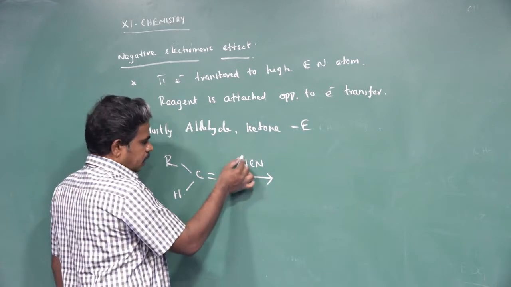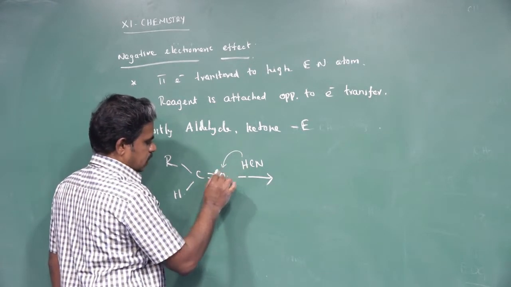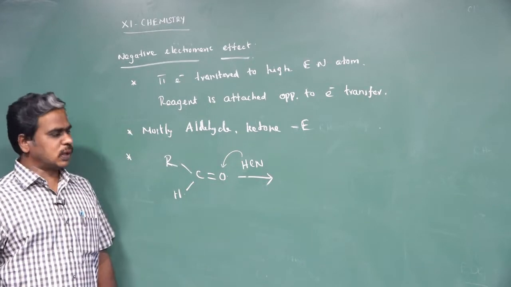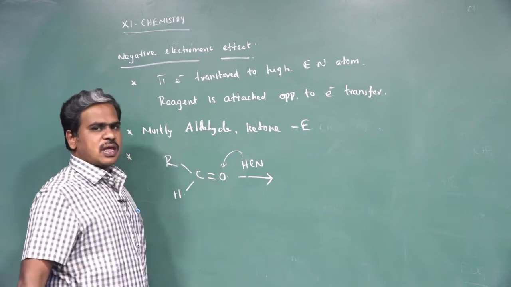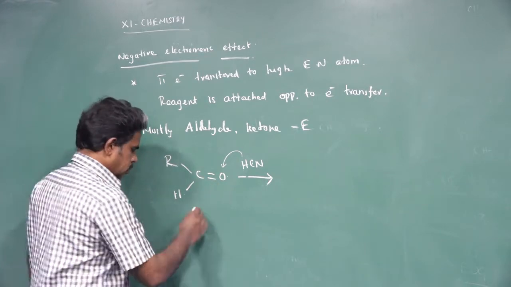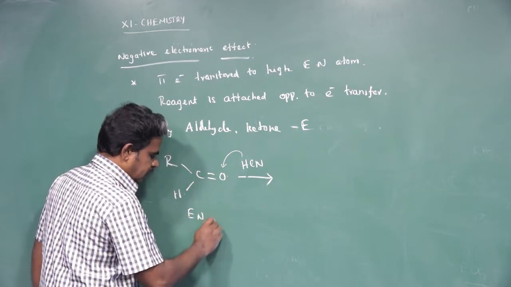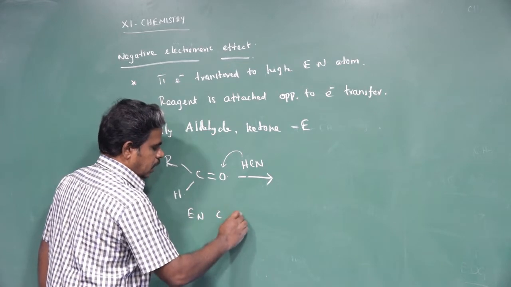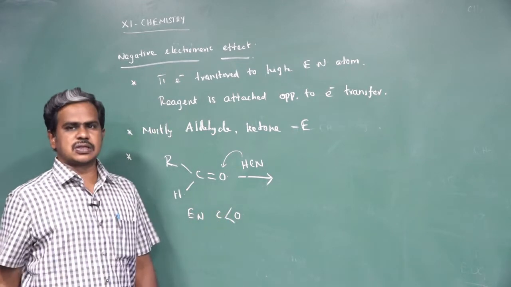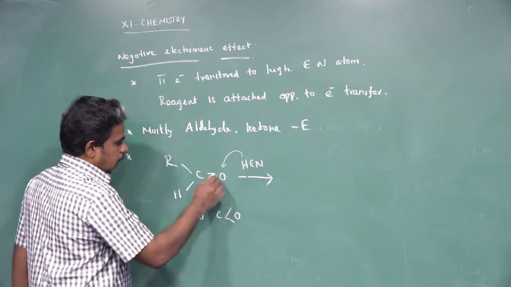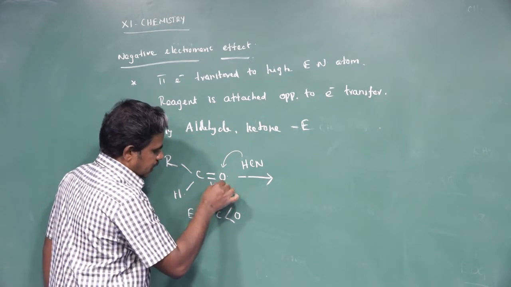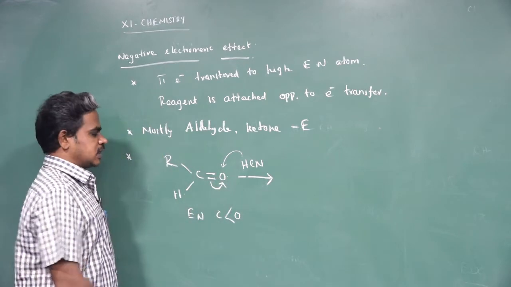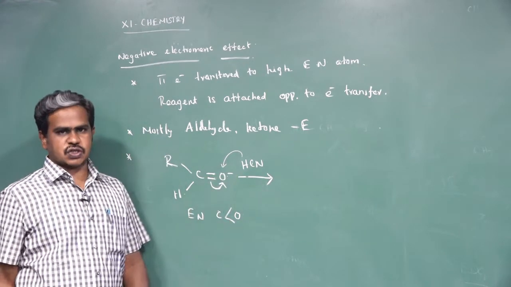Now what will happen? Hydrogen will be moved here. Why is the hydrogen moving here? Comparing carbon and oxygen, which one is the highest electronegative atom? Here oxygen has the highest electronegativity. Now the pi electron is a weak one, so the pi electron is transferred to oxygen, so it is getting a negative charge.